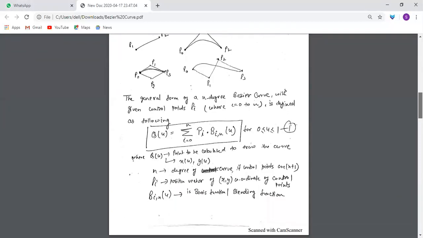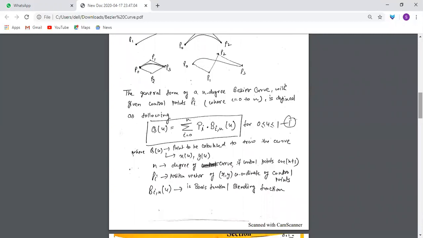Now, the second point was, what was the expression to represent a Bezier spline curve? So the general form of an n-degree Bezier curve with given control points Pi, where i ranges from 0 to n, is defined as follows. See, we'll be given some control points. Let's suppose we are given 4 control points.